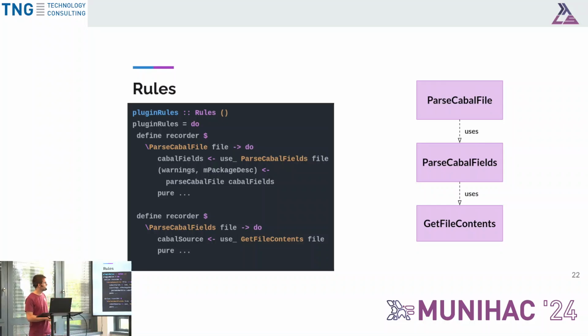The top level rule is the ParseCabalFile rule. The first thing it does is use ParseCabalFields. When it calls use on another rule, it signals to the build graph that it depends on the results of this rule, which is reflected in the build graph, where you can see that the ParseCabalFile rule now depends on the ParseCabalFields rule.